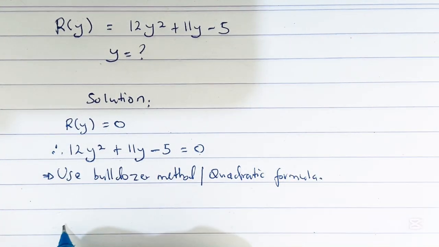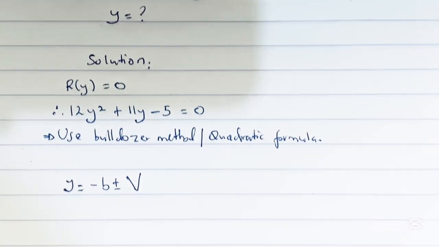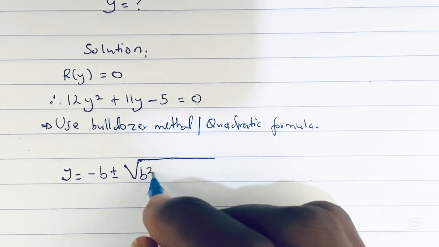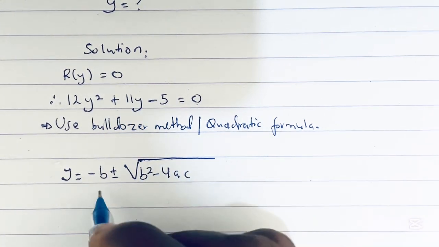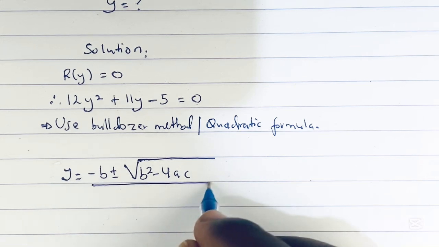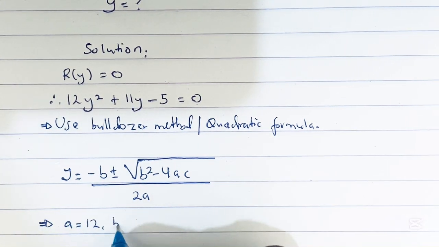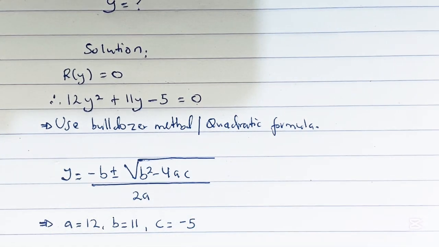The bulldozer method states that y is equal to negative b plus or minus the square root of b squared minus 4ac, over 2a. From our equation, a is equal to 12, b is equal to 11, and c is equal to negative 5.